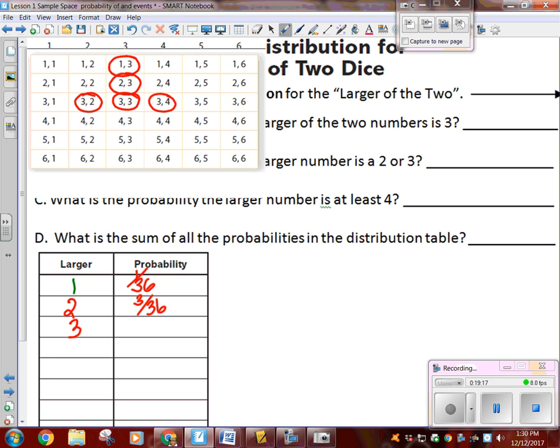Is 3 the largest, though? No. How many? Did I miss one? 3 and 1. Yeah, you're right. So how many is that? 5 out of 36. You finish it. 4. See if you can make sure you know how to do it.